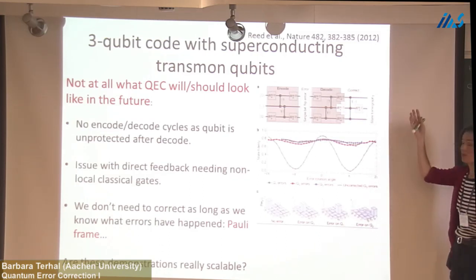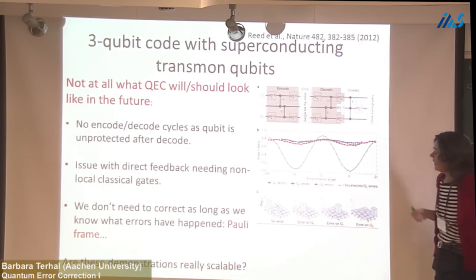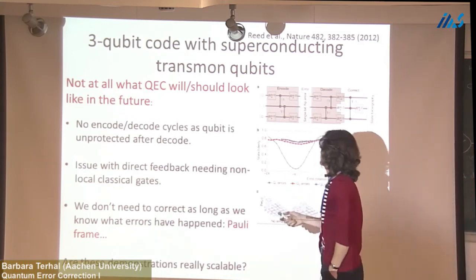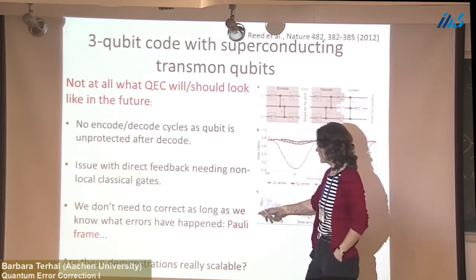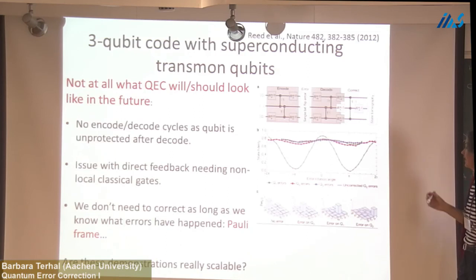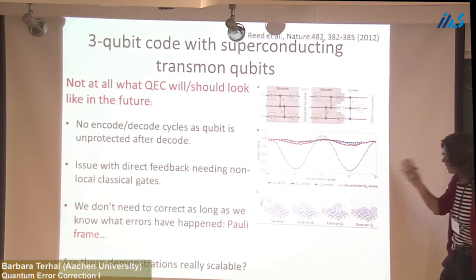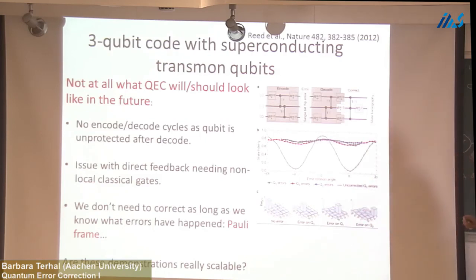It just happens that some stabilizer check has a -1 eigenvalue. It has the same distance and the same good features. And if I do gates that simply propagate this Pauli frame, we'll come to that. But I don't actually necessarily need to correct the error as long as I know what it is.